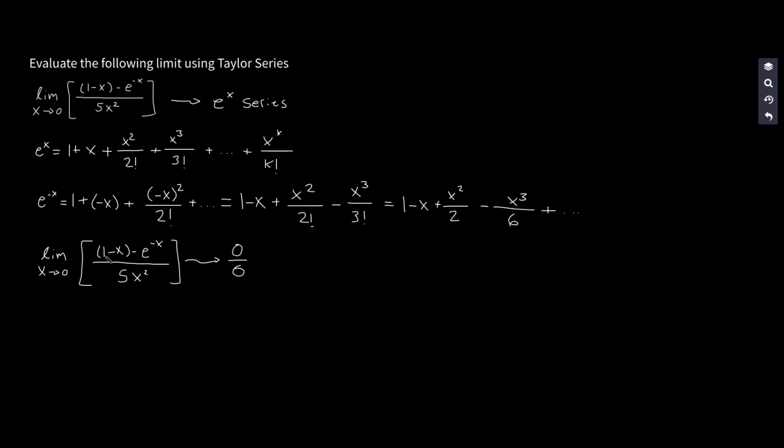We're going to have 1 minus 0, 1 minus 0, minus 1. So 1 minus 1, which is going to be 0. And then on the bottom, 5 times 0 squared is going to be 0. So it's going to be an indeterminate form. But we don't want to use L'Hopital's rule. We can avoid it by using the Taylor series.